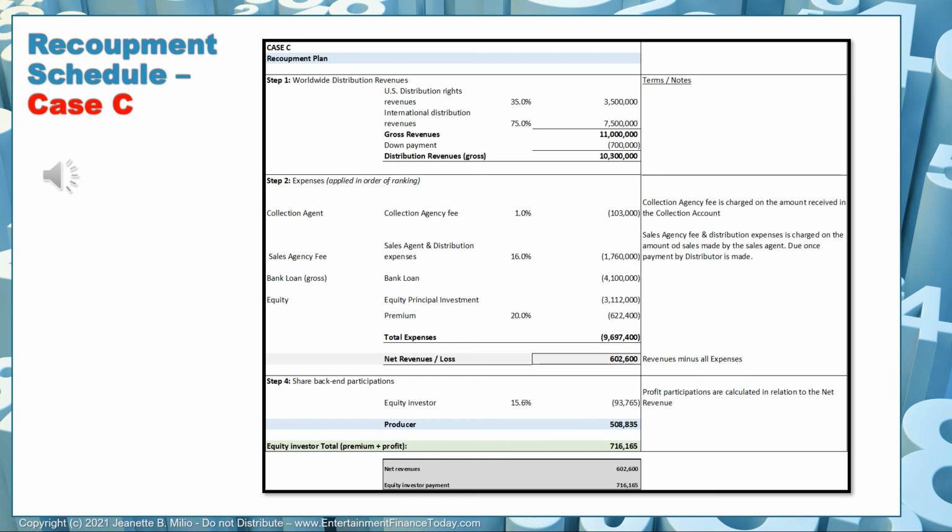So the answer here is our net revenues are $602,600, and the equity payment due to the equity investor is $716,165. So this is your example for the step-by-step guide to answer the quiz question.